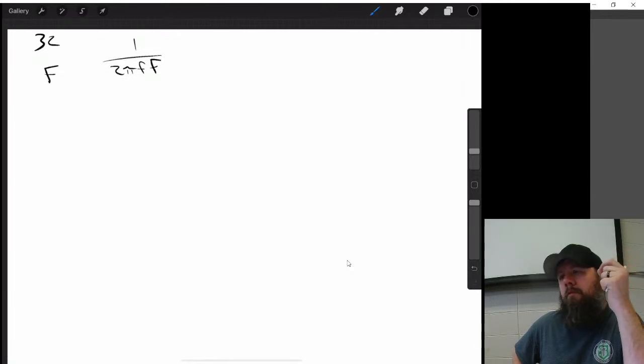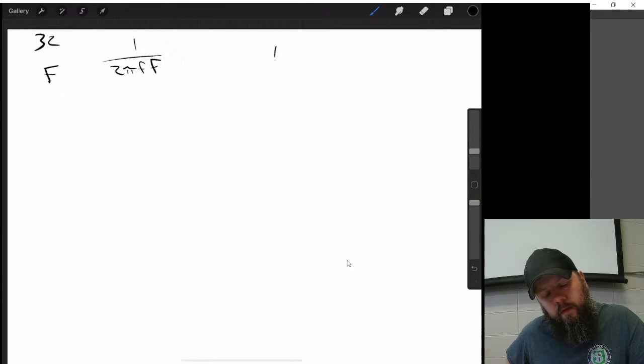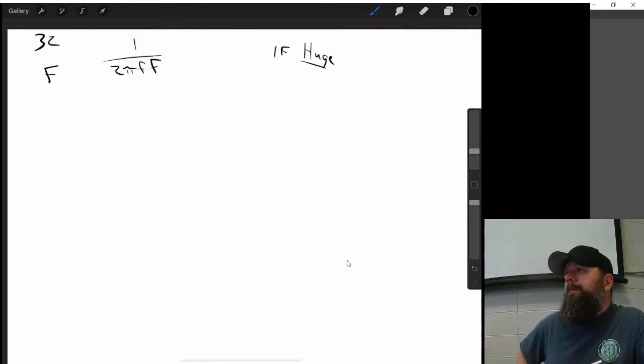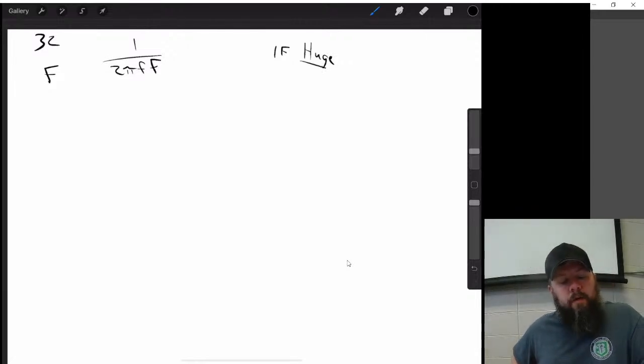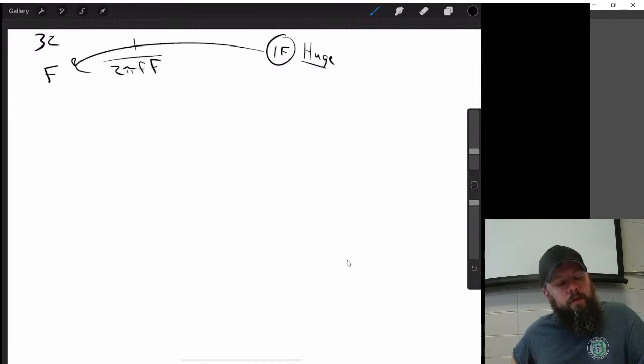Capacitance is measured in what's called farads. Now, 1 farad is huge when we're talking about this stuff. We need to convert into farads to do this.